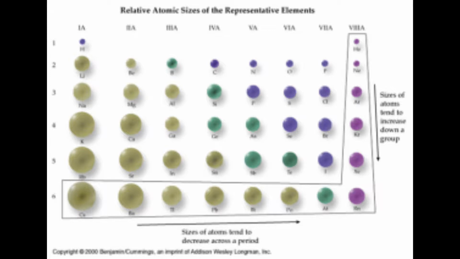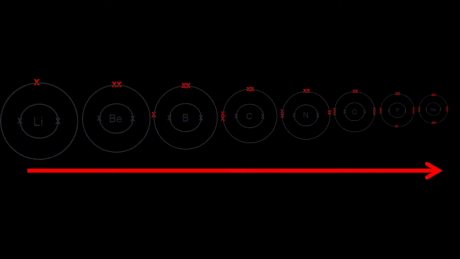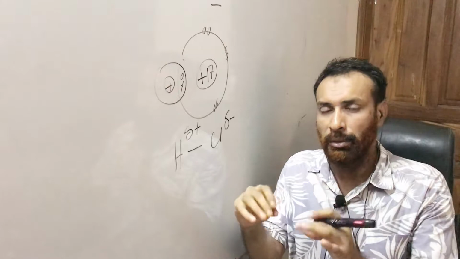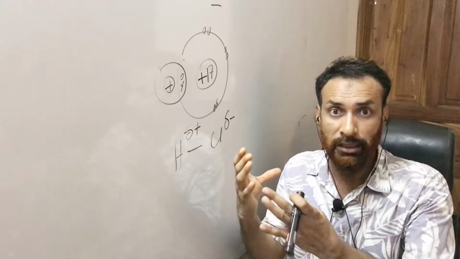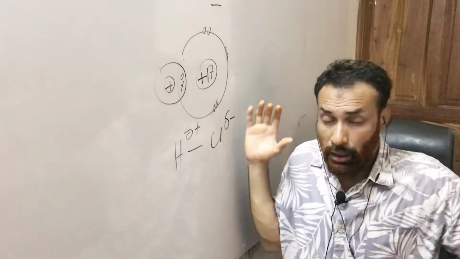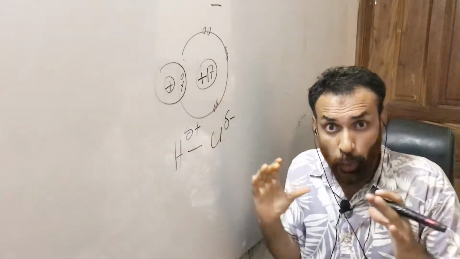So left to right, what happens? The electronegativity value will increase. Why? Their nuclear charge increases. And at the same time, their size also decreases, because when you get more nuclear charge in their atoms, then their nuclei will attract the outer electron more.